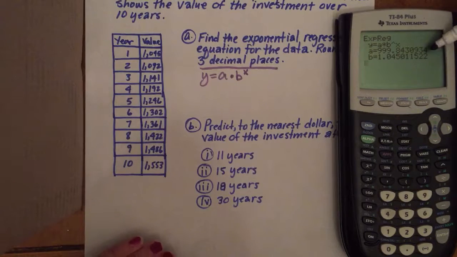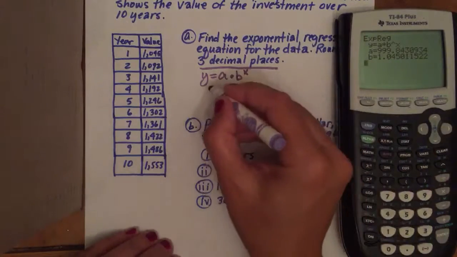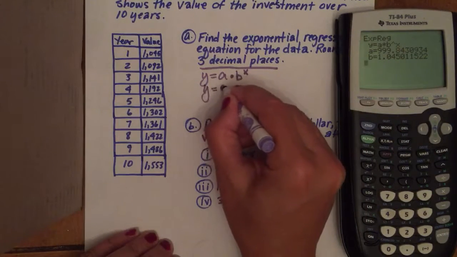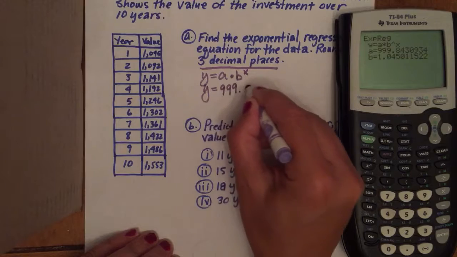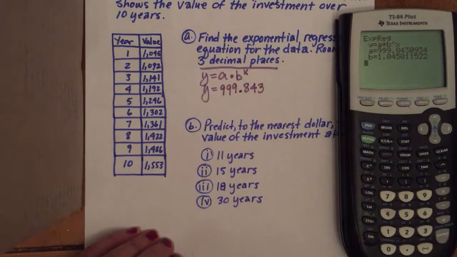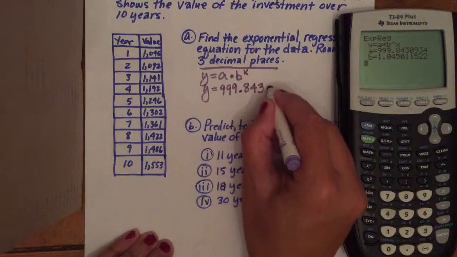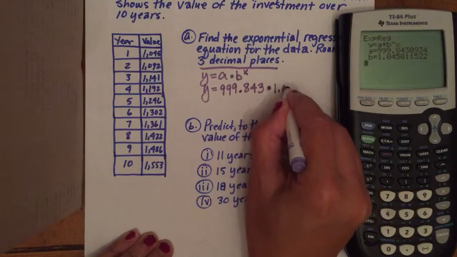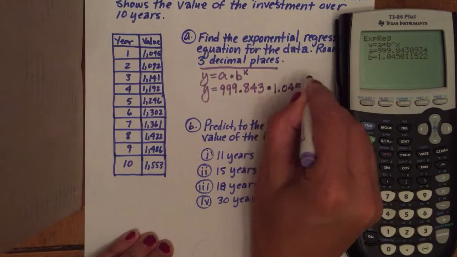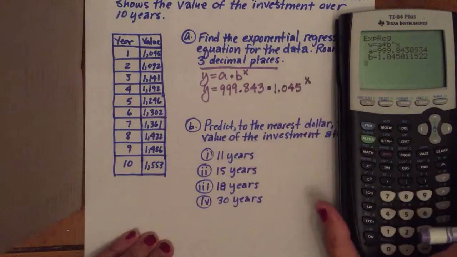So we have the a value, which is 999.843. So y equals 999.843. That's our a value. Our b value is 1.045. So I have times 1.045 to the x.